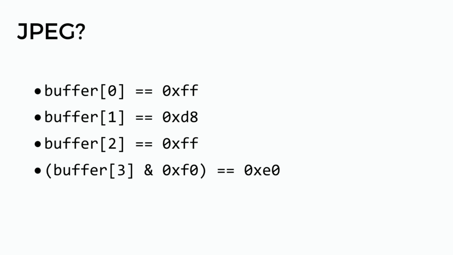Then, after we've done this bitwise AND, we can just compare the result to 0xE0 to determine whether or not this byte is a byte that might appear as the 4th byte inside of a JPEG. If all of these conditions are true, it's pretty likely that the 512-byte block that you found represents the beginning of a new JPEG file.